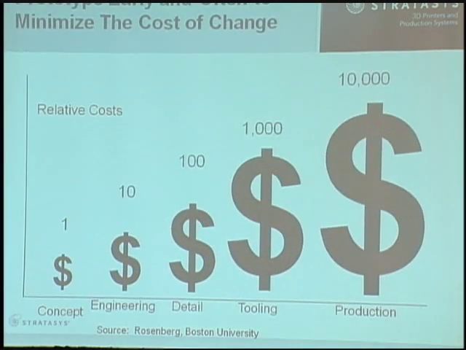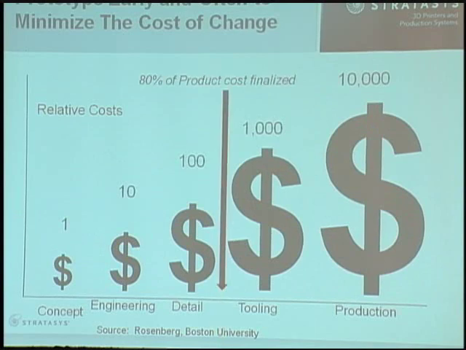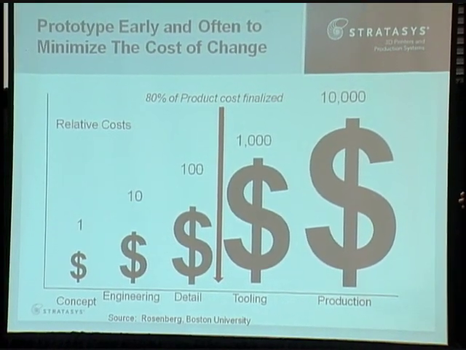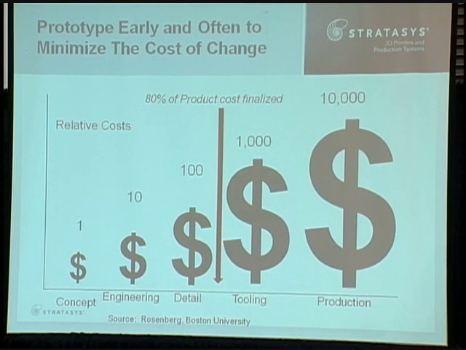Here's a little chart some of you may or may not have seen, of that typical cycle. It's a phrase that's been running around for a long time: prototype early and often to minimize the cost of change. It's an old chart, but it shows you the cost of change. In the concept phase, while you're sitting there on the tube designing, it costs you maybe $1 to make a little change.